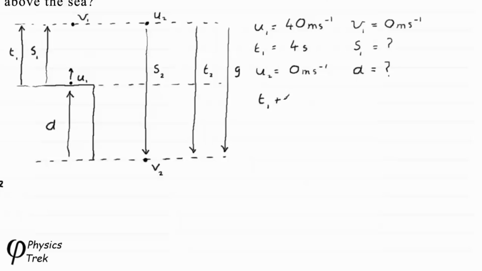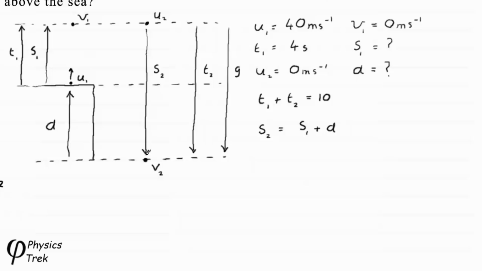Now if T2 is the time for the rock to fall, then T1 plus T2 equals the total time, which is 10 seconds. Also, S2 equals S1 plus D. The height of the cliff D plus S1, the maximum height of the stone above the cliff, equals S2, the total distance the rock falls.